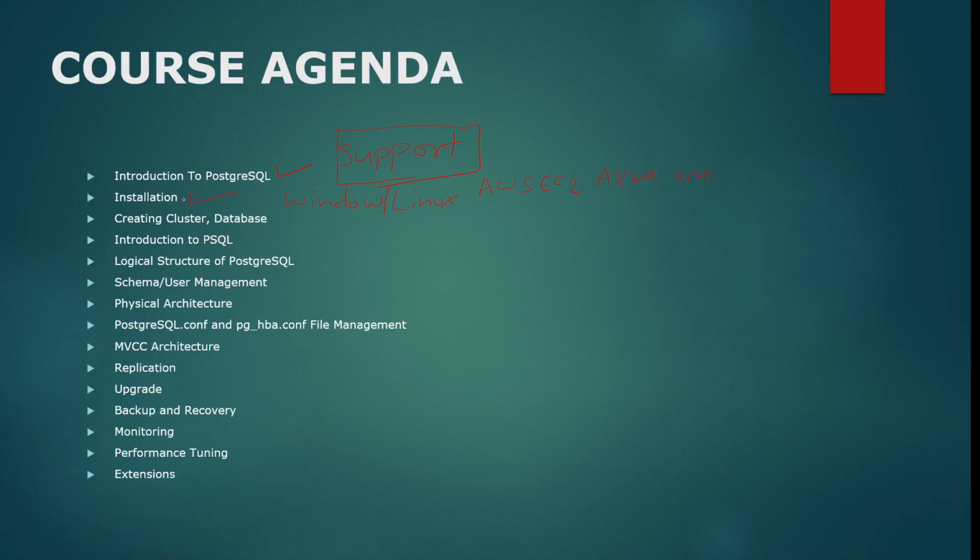All these things we'll discuss during the installation, and also what are the physical files which get created. This is almost a practical session where we will work on a live environment.